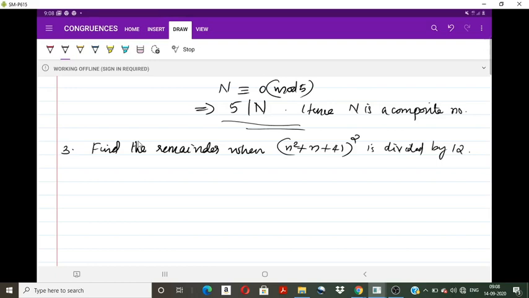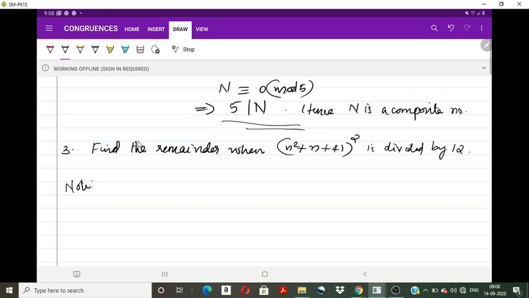So we need to find a remainder when this factor square is divided by 12. We know that the product of 4 consecutive integers is divisible by 12.